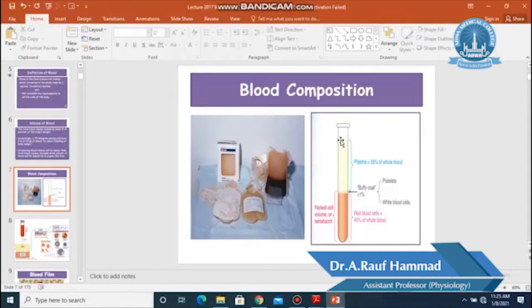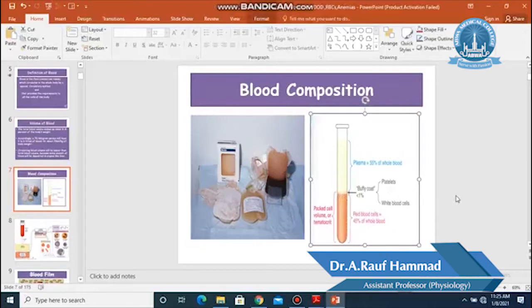Blood is filled up to this level, but after some time we will see that in the base it is red, and these are the red blood cells.